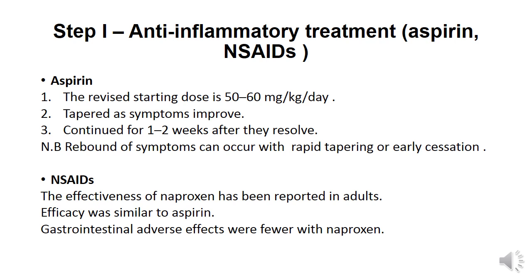So we have to continue for 1 to 2 weeks after complete resolution of symptoms. In some people, we can give non-steroidal anti-inflammatory drugs, and the effectiveness of naproxen has been reported in adults with the same efficacy as aspirin and fewer GI adverse effects.